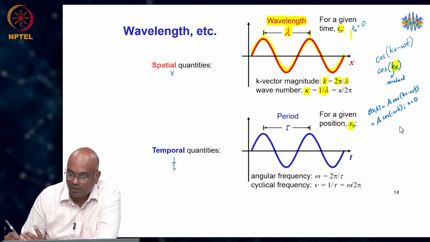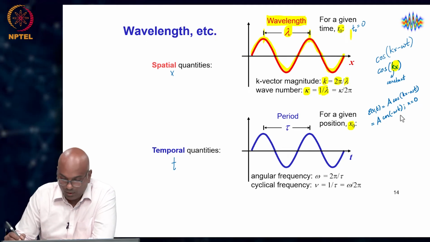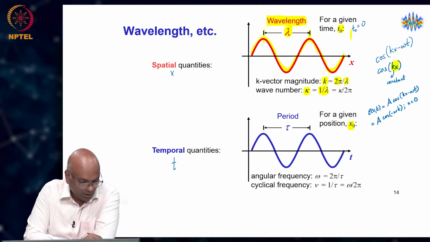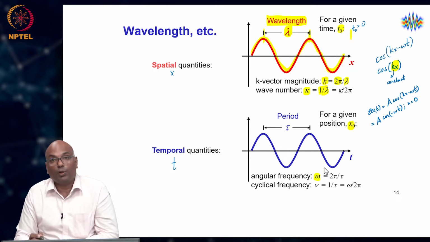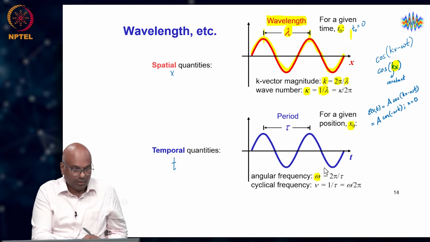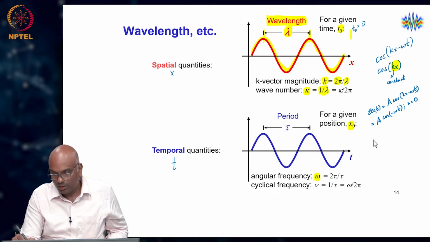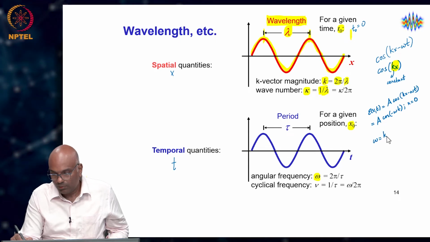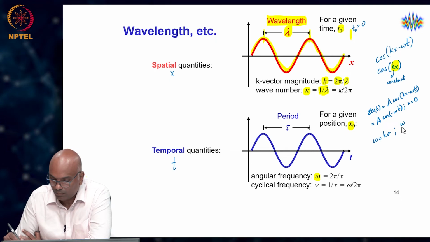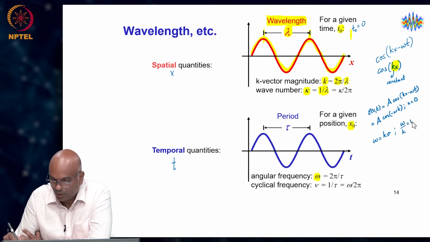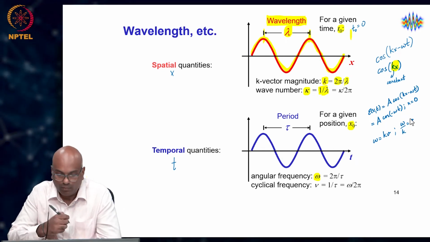Okay, so let us consider this scenario to understand the meaning of this important quantity omega, which we already know is related to k by the relation omega is equal to kV, or omega by k is equal to V, right.